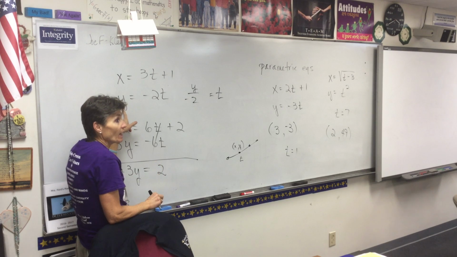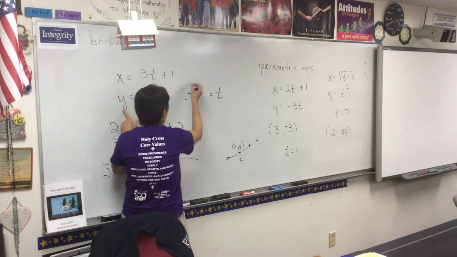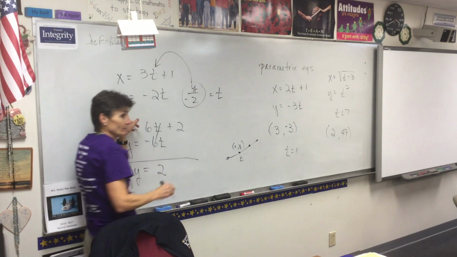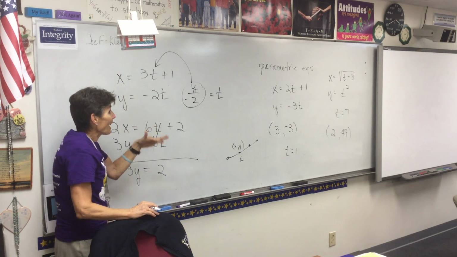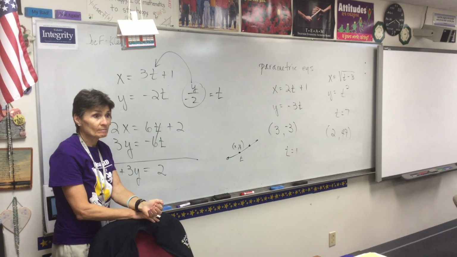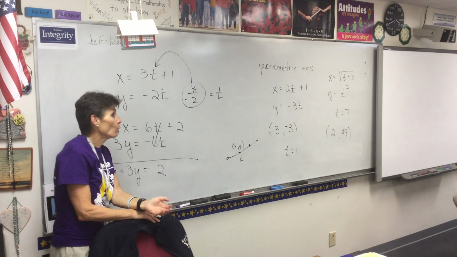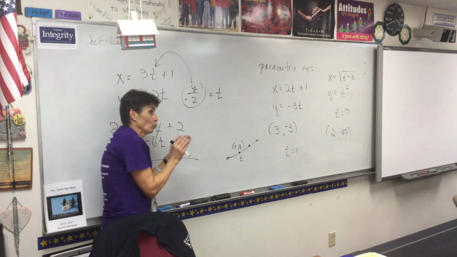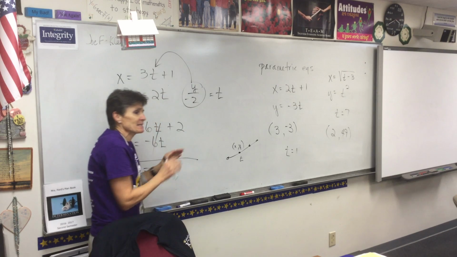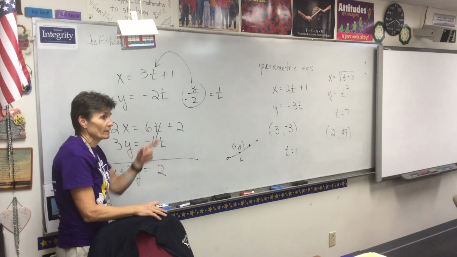And then what would I have done? Take that and plug it in here. Would that have accomplished the same thing? Yeah, it would. Now, would the answer look a little bit different? Yeah, but it's the same equation. It's just written differently in a different order.